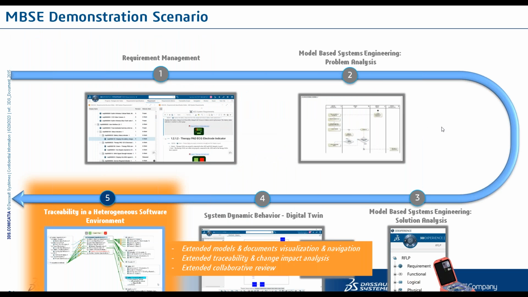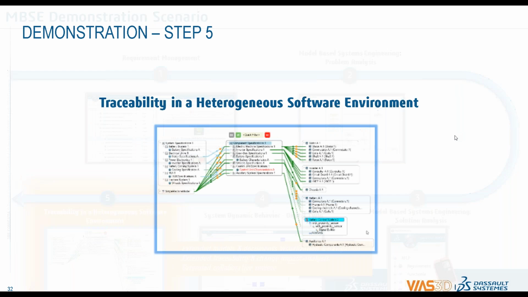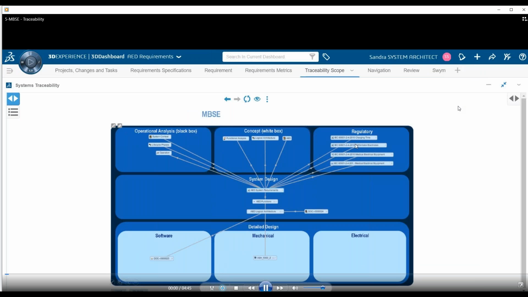Now, one of the other aspects that is very important for MBSE is traceability, to be sure that you address all the requirements that you have for the system model, from requirements to all the aspects of functional, logical, and also physical systems.